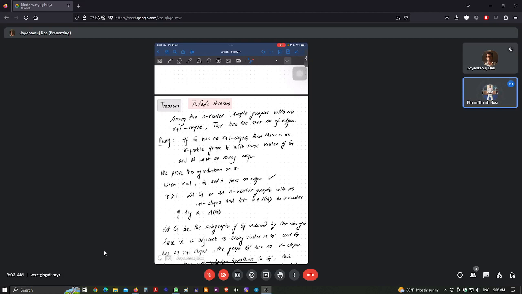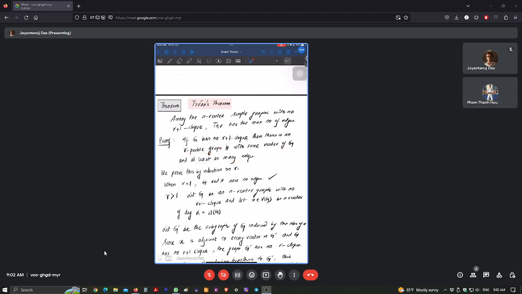This is actually done by induction on r. If G has no r plus one clique, then there exists an r-partite graph H with the same vertex set as G and at least as many edges.